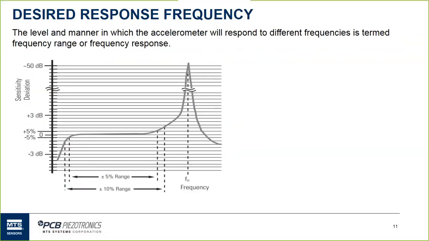And the sweet spot is the linear portion of that plot, which is shown here as ±5% and ±10% range. For your reference, the flat linear response characteristics typically occur at 20% of the sensor's mounted or resonant frequency. So just to give you an idea where the linear characteristics are.